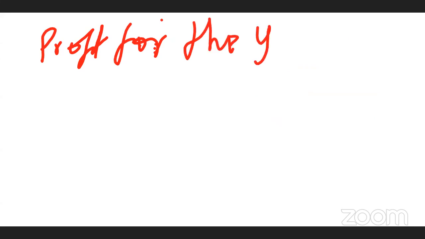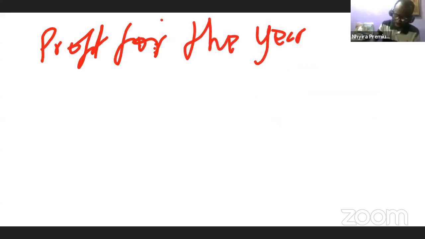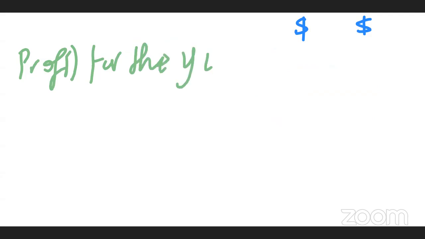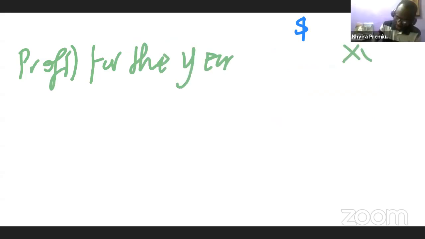So in the adjustment of the profit, this is what happens. We bring the profit for the year, or profits attributable to equity shareholders. Now follow me carefully. We're going to have two cash columns. Let's bring this a little below. Two cash columns like this. So profit for the year will go to the second column.